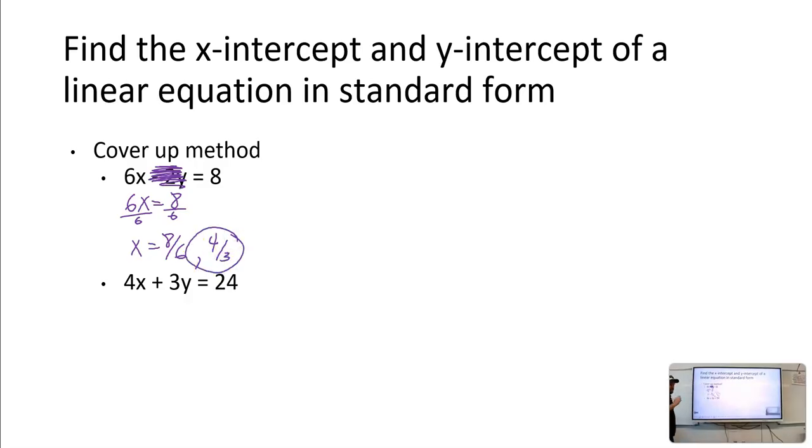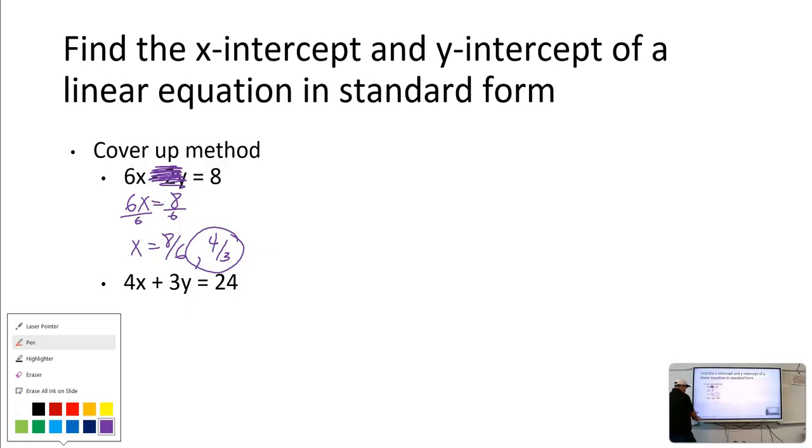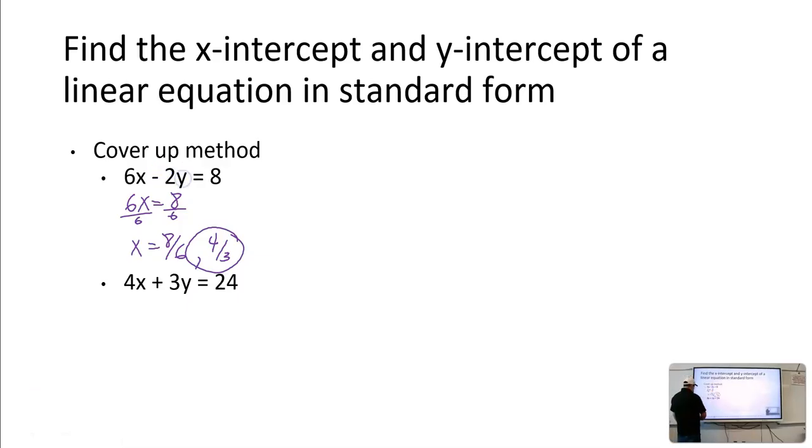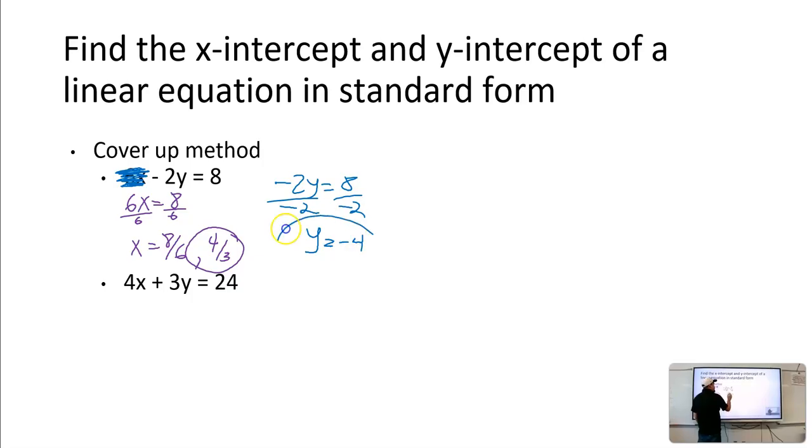So my x-intercept isn't in a very convenient place, but it crosses at 4/3 or 1.333. Okay, that's fine. So let's go back up here and cover up our x and figure out where the y-intercept is. We're going to take negative 2y equals 8, divide both sides by negative 2, and y equals negative 4.